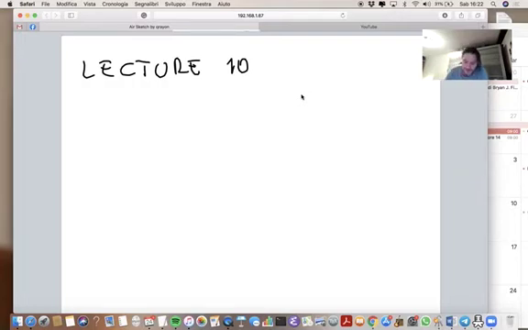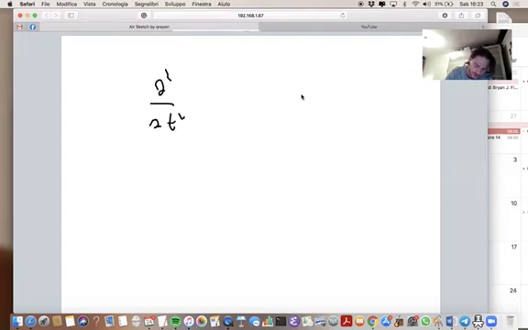So basically, remember, in lecture 10, we attempted to describe the motion of the electron via a standard wave equation. So we were looking for a solution of the equation: second derivative with respect to time, minus second derivative with respect to x.